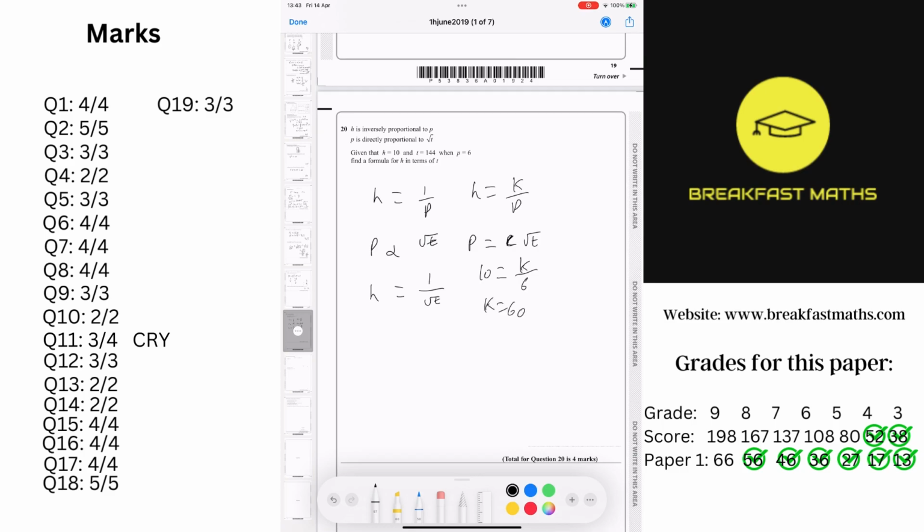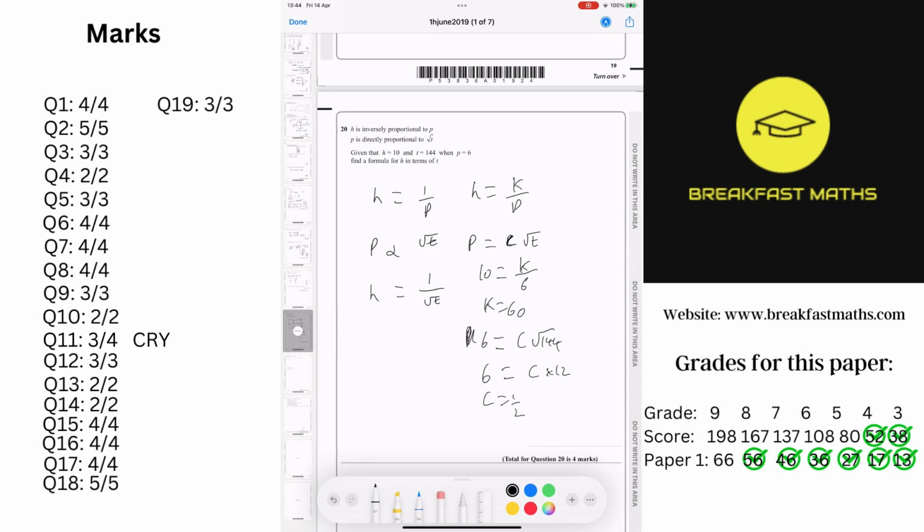And then p was 6, so 6 equals c lots of root 144, so 6 is equal to c times 12, so divide across, c is a half.